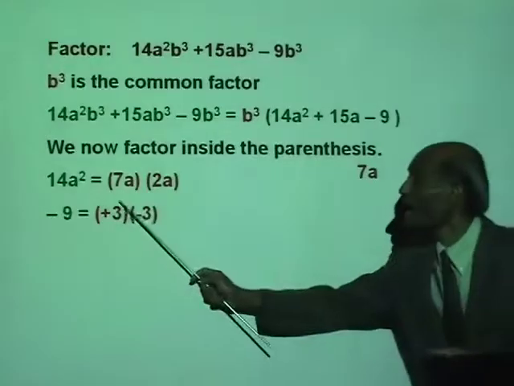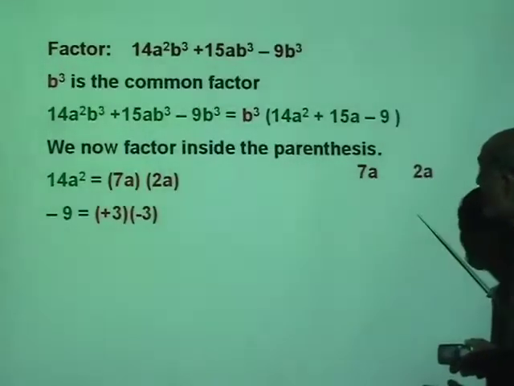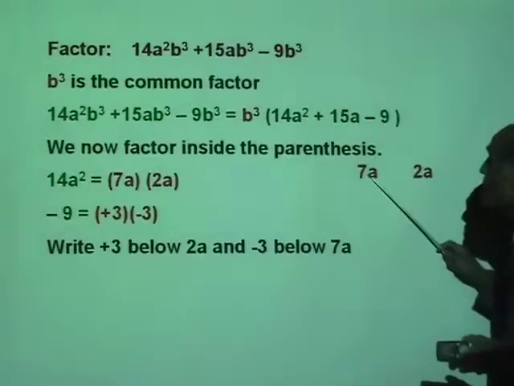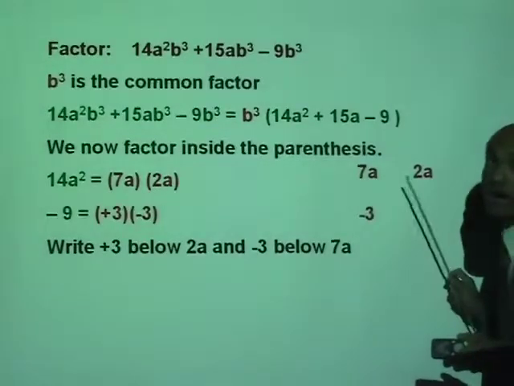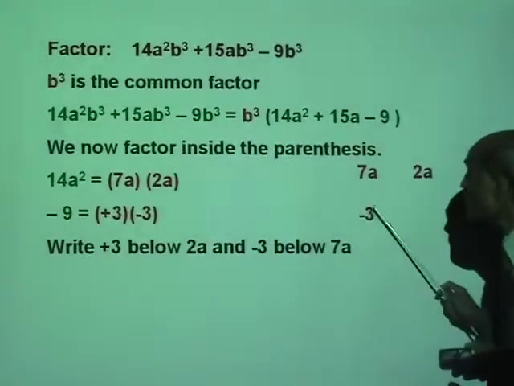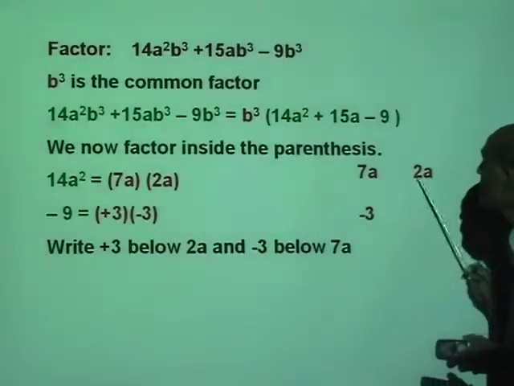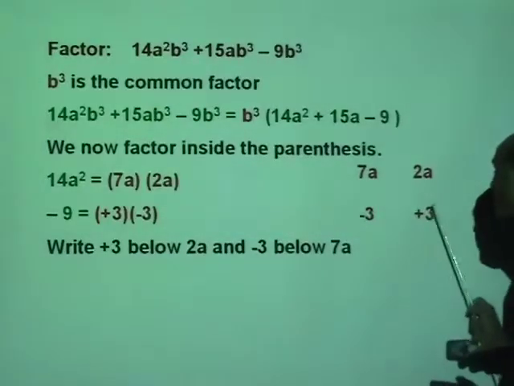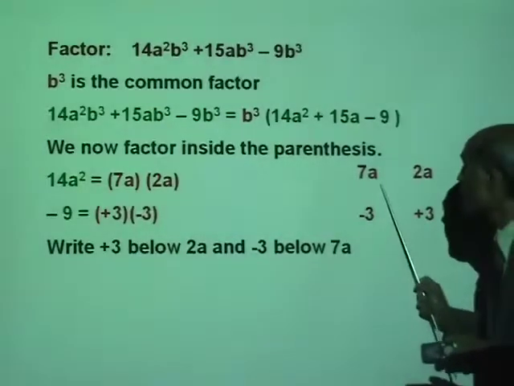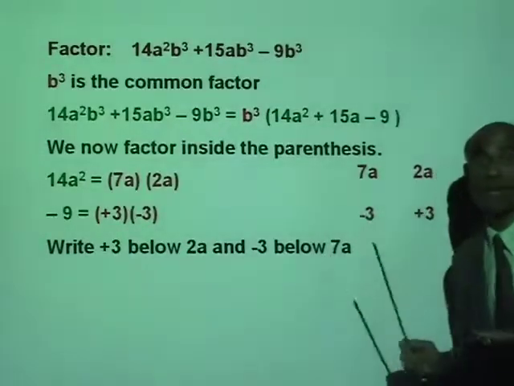Therefore, I must have this positive 3 written below the 2a and the negative 3 written below the 7a. You know why? Because that negative 3 needs to multiply with the 2a, giving us the negative 6a, and the positive 3 needs to multiply with 7a, giving us the positive 21a.